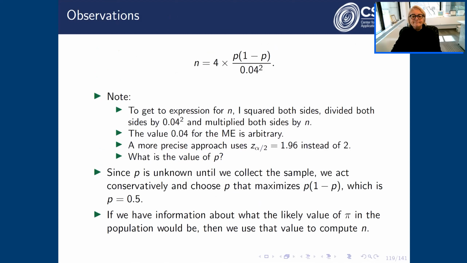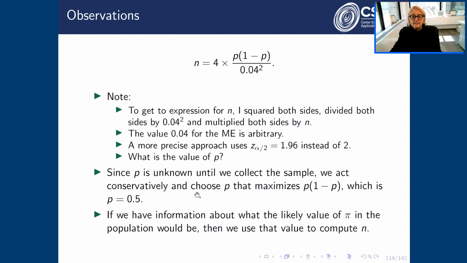Well, here's what I was just telling you. What is the value of p? Since p is unknown until I draw my sample, what I'm going to do is think about the worst case scenario.